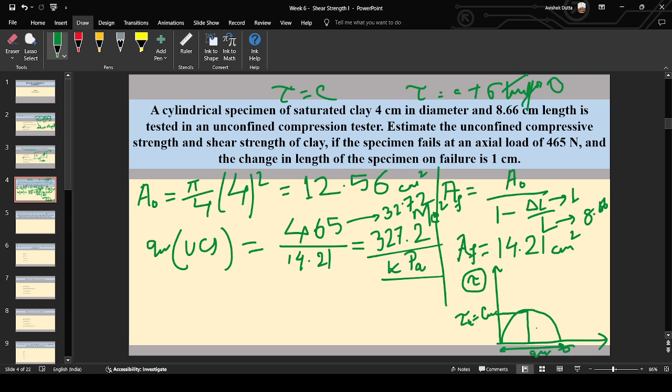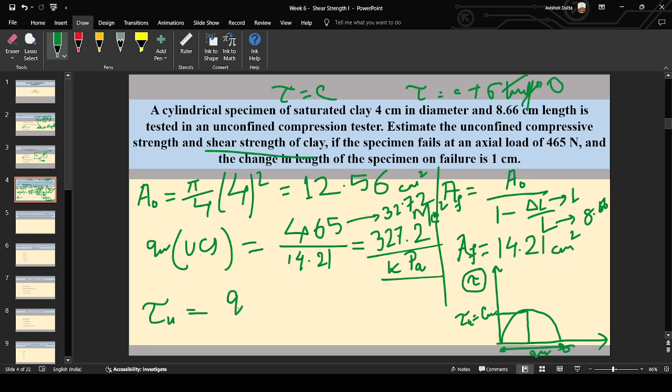It is Cu. So we can see if Qu, the unconfined compressive strength, is the diameter of the circle, then Cu or tau U, the shear strength, is the radius of the circle. So it is basically half the UCS. So the shear strength tau U equals how much?